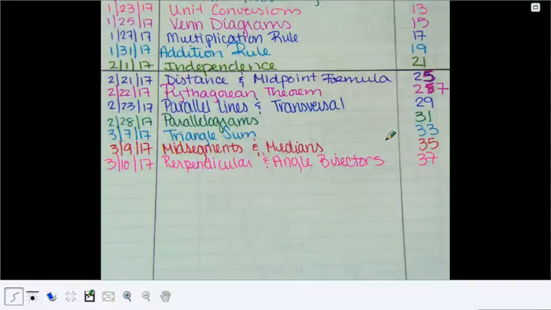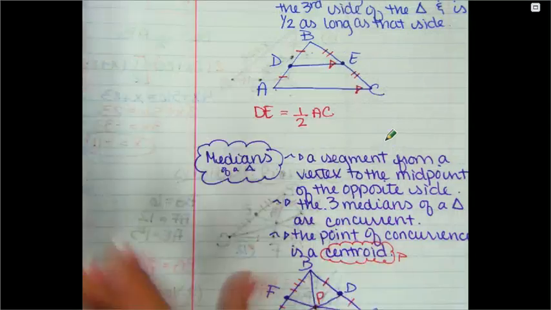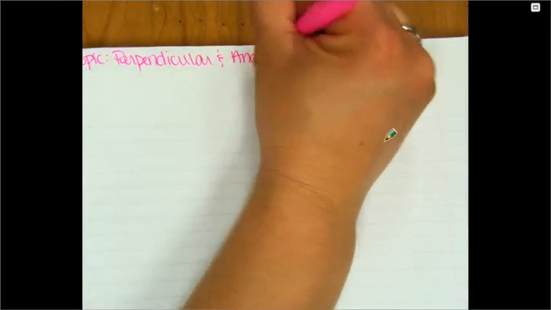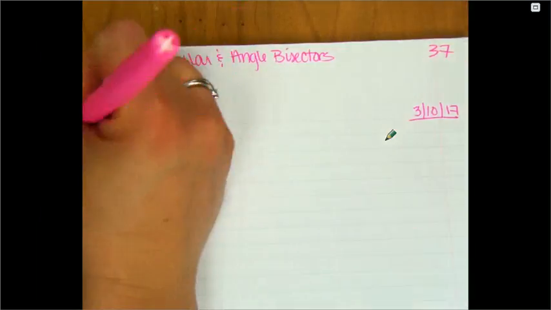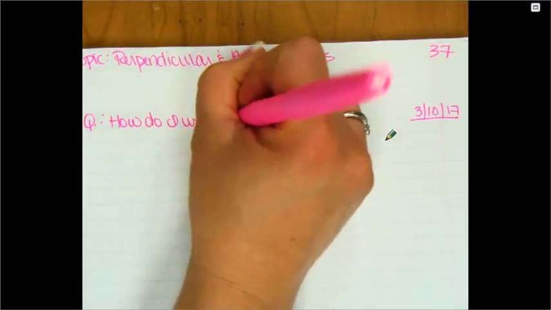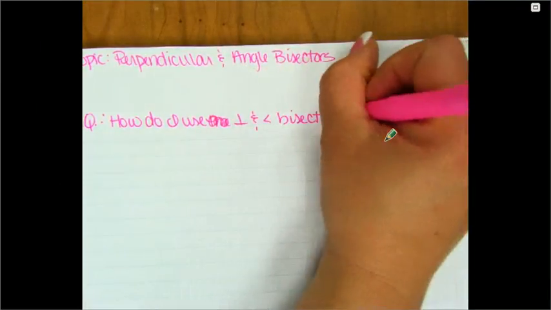There we go. All right, so perpendicular and angle bisectors. How to use perpendicular and angle bisectors to solve triangles.